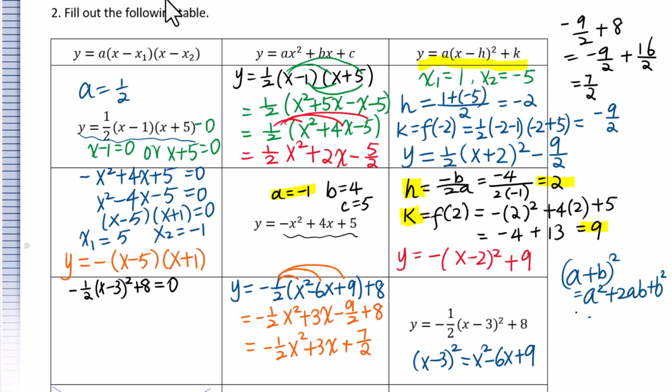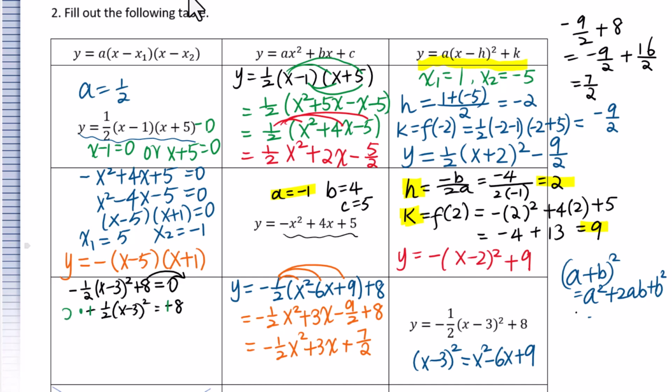For the factored form, first of all, we need to figure out the roots. So we set up the equation equals 0. We try to isolate (x minus 3) squared. So minus 8 on both sides: negative 1/2 times (x minus 3) squared equals negative 8. On both sides we divide by negative 1.